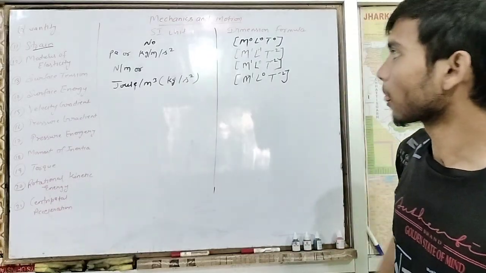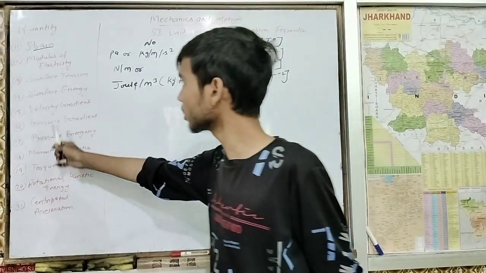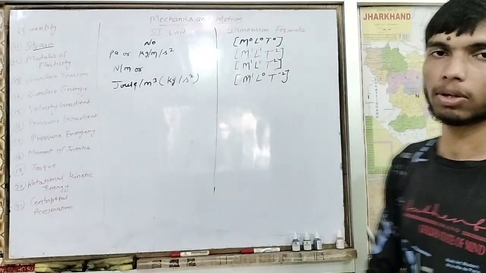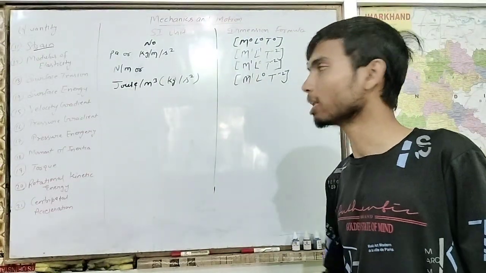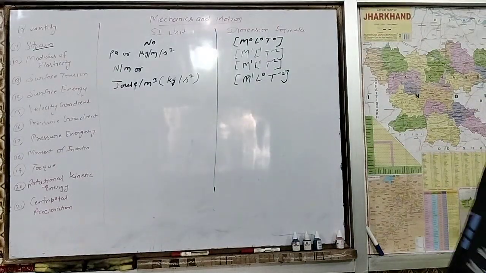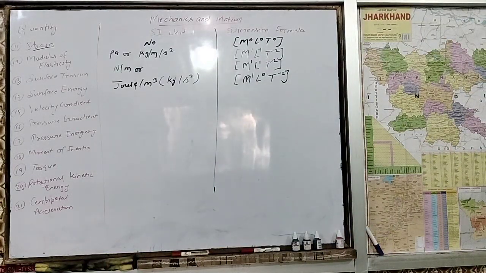Clear? Now next we have velocity gradient. First of all, we need to know what is the SI unit for velocity gradient. If you know, tell me. Unit of velocity gradient. So it is nothing but per second.